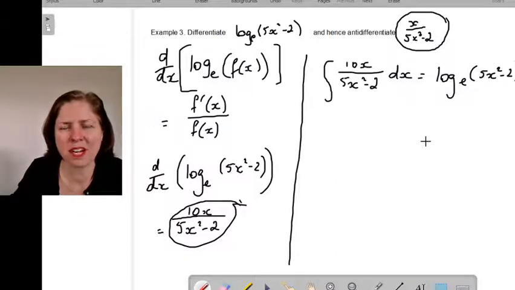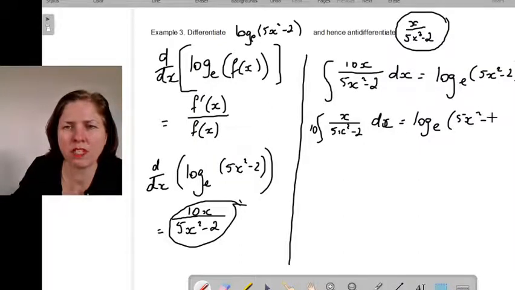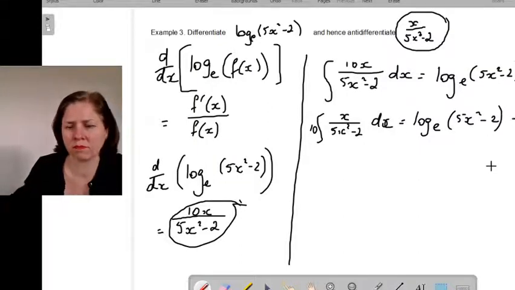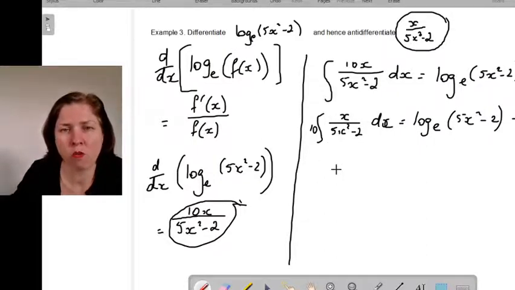All right, but I don't want the 10. So I'll take it out the front on the left-hand side, and now I'm left on the inside with x over 5x squared minus 2 dx, which equals the same still, log base e 5x squared minus 2 plus c. So all that's left to do now is divide both sides of my equation by 10, and I'm going to have then the antiderivative of what I'm looking for.